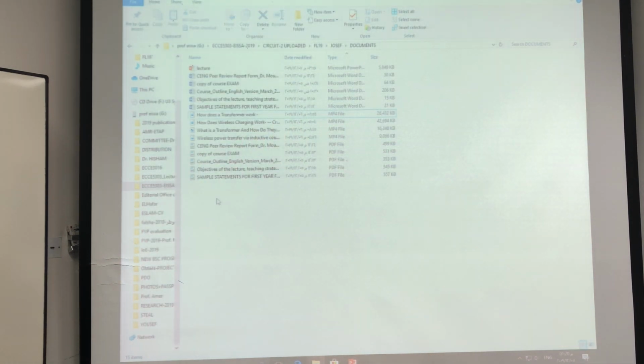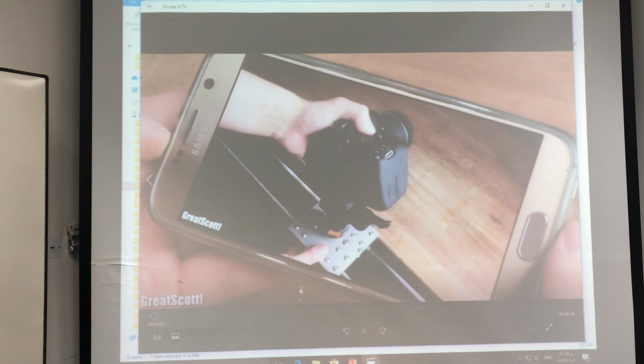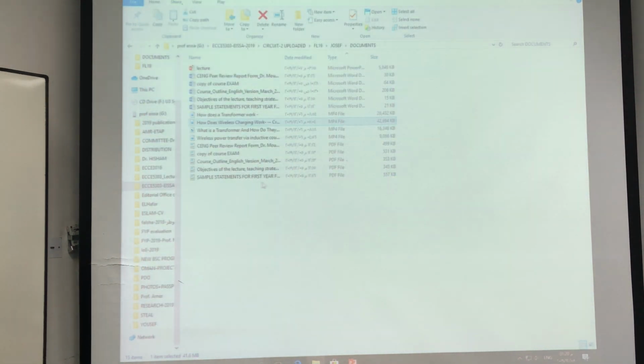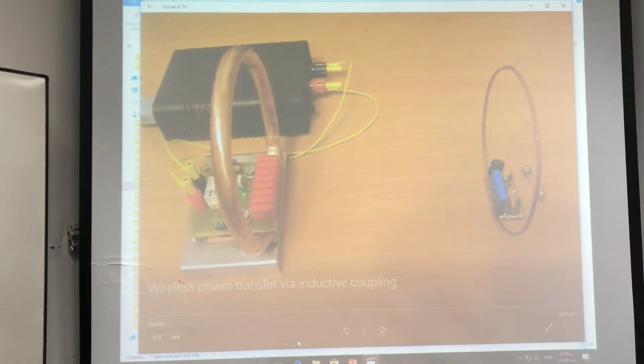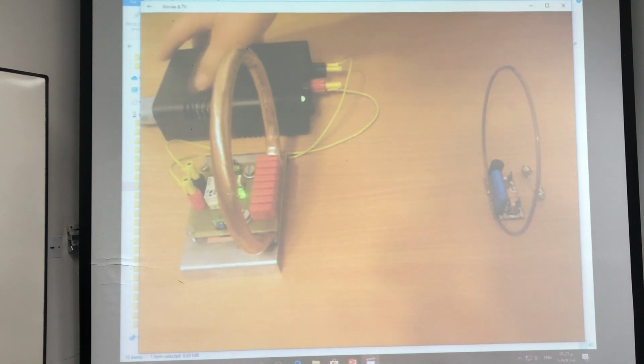So here is another application you have to understand. Nowadays, when it is time to charge your phone, I would like to design some wireless power transfer.